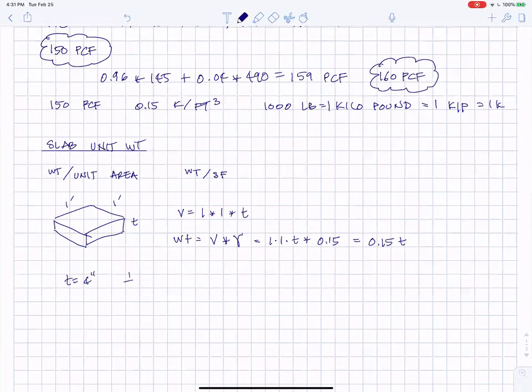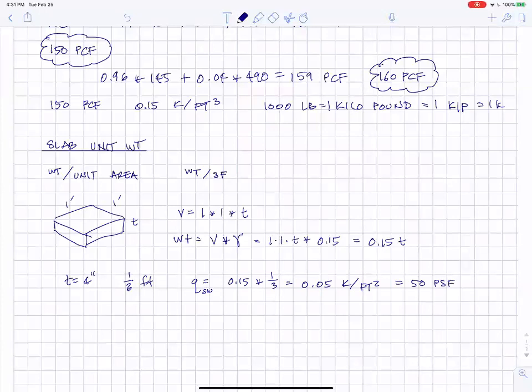That's a 1/3 of a foot because it's 12 inches per foot. So Q, the self weight, is 0.15 times the thickness of 1/3, which is 0.05 kips per foot squared, or 50 pounds per square foot.